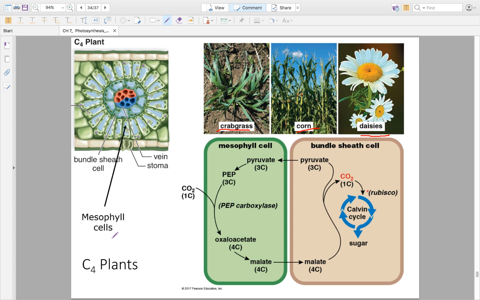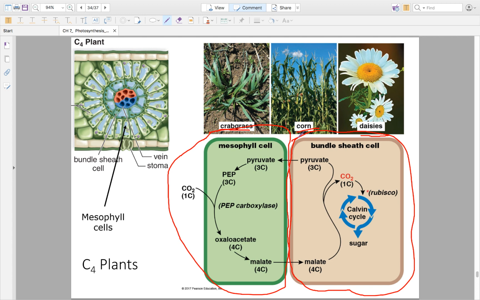They're not susceptible to photorespiration because they have a specialized anatomy where they completely separate the light reactions, which happen here in the mesophyll cell, from the Calvin cycle physically.